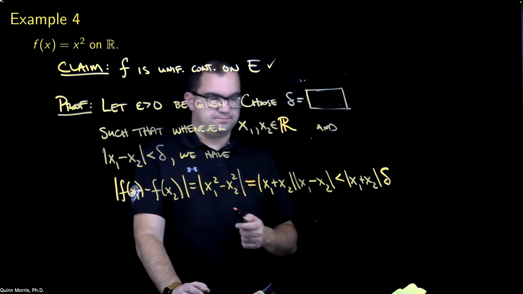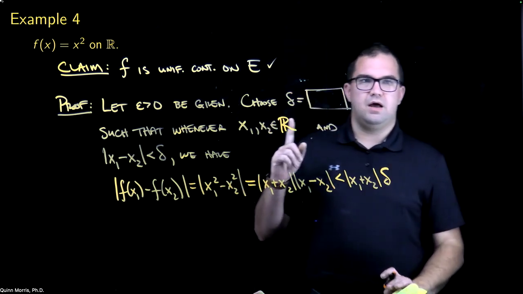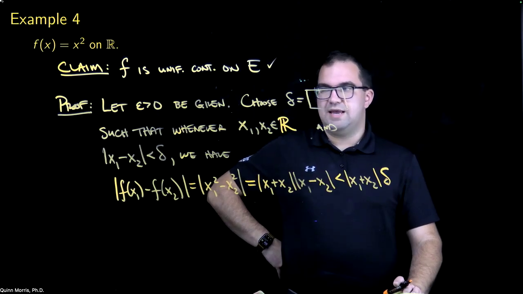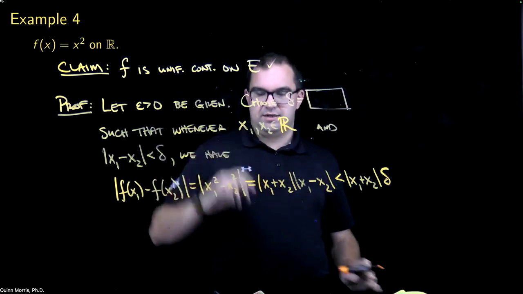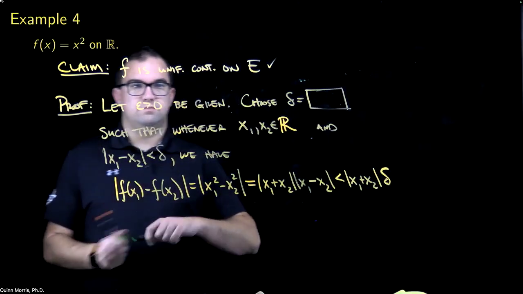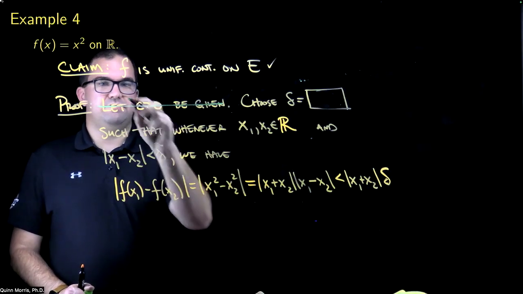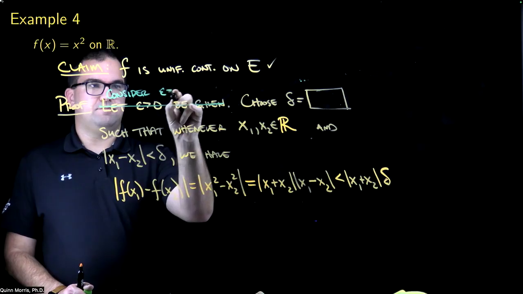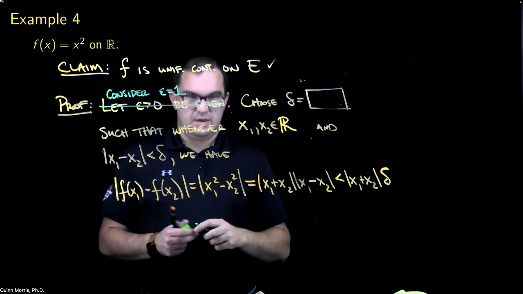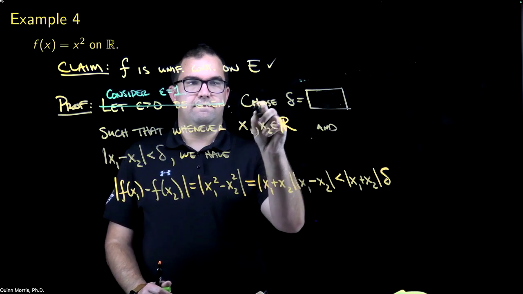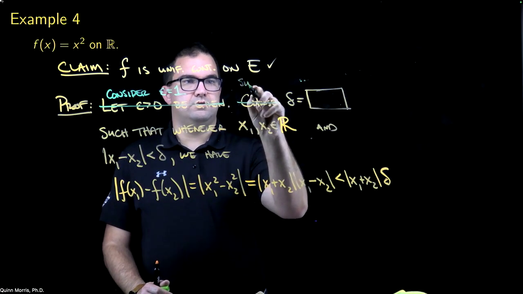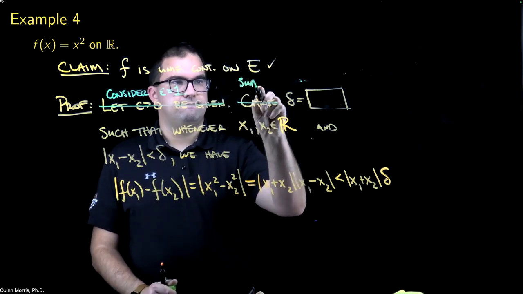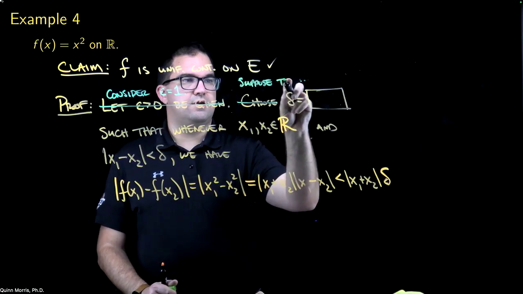So now consider this. Suppose that we had some delta that worked. Say, let's say epsilon is equal to 1. Let's just, for the sake of argument, suppose there exists a delta.